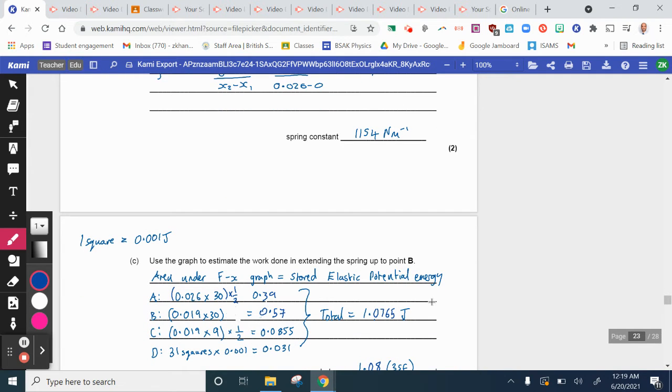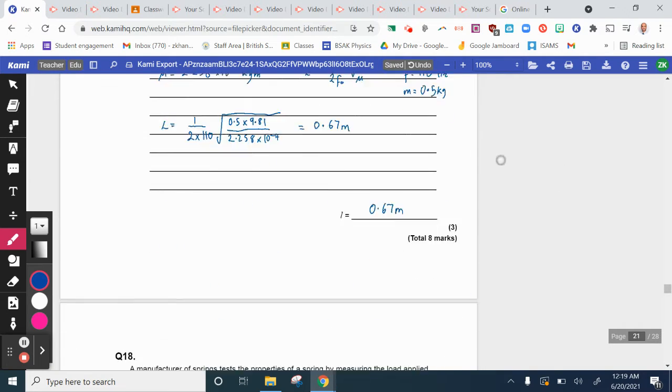So it's 0.026 in width, 30 in height, times by half, so half base times height, I get an area of 0.39 joules. And then the area of section B is a rectangle.